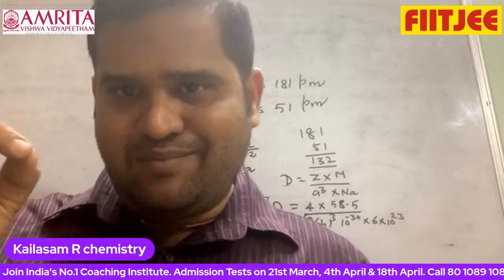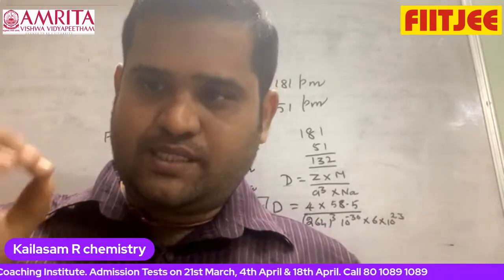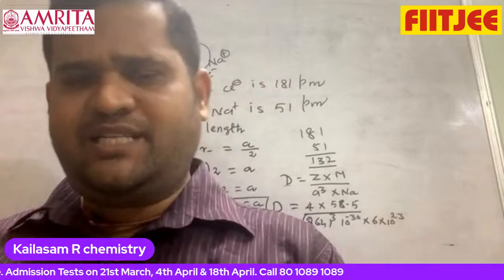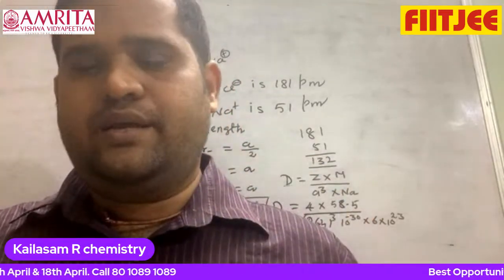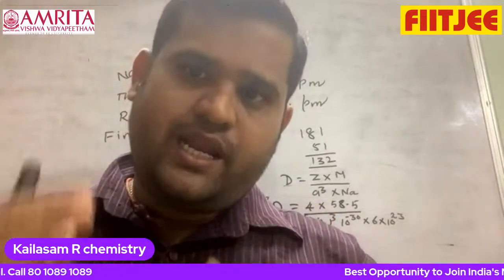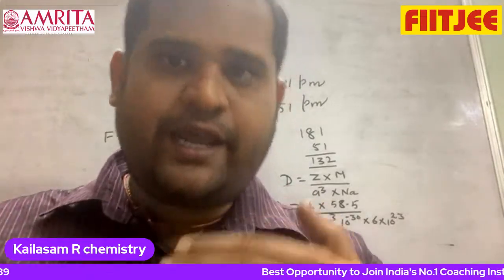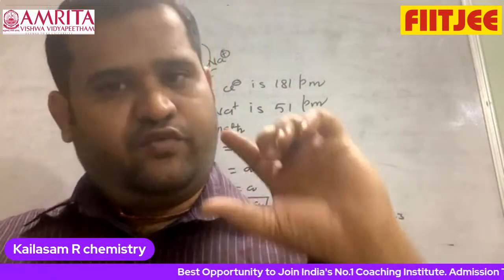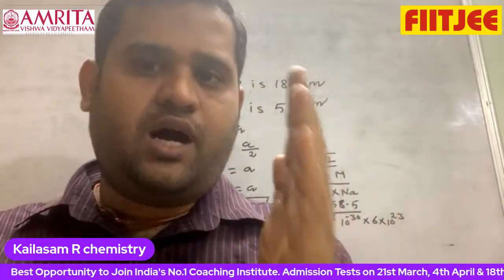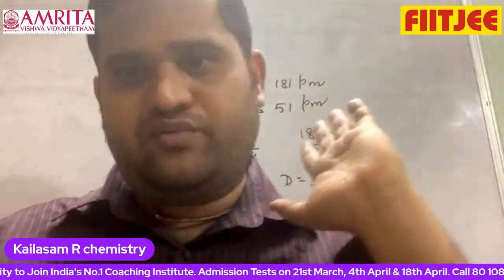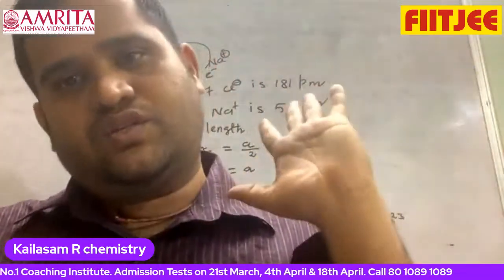One more thing, zinc blende. Keep in your mind, generally in JEE, it is zinc blende, ZnS. Zn2 plus occupies tetrahedral voids. How? It occupies alternate tetrahedral voids. If we have n number of octahedral voids in a cubic unit cell, we have 2n number of tetrahedral voids.